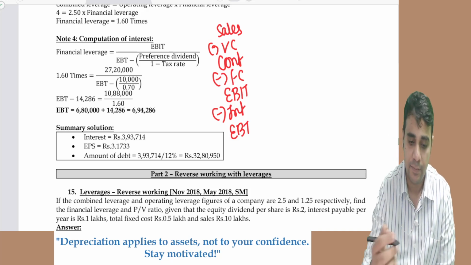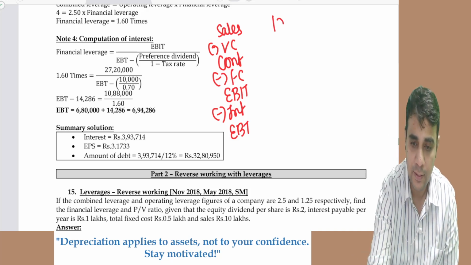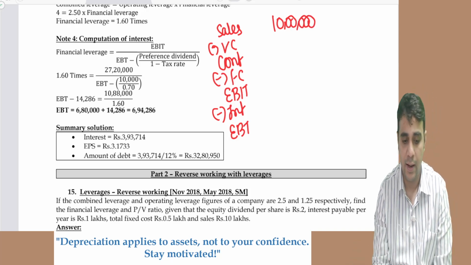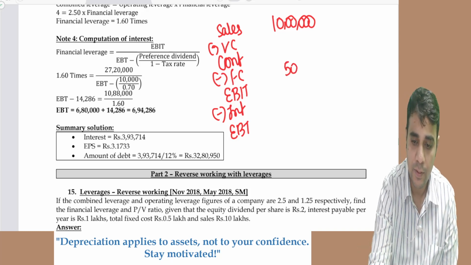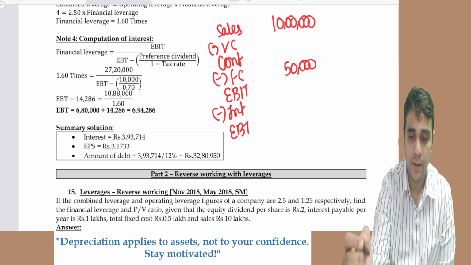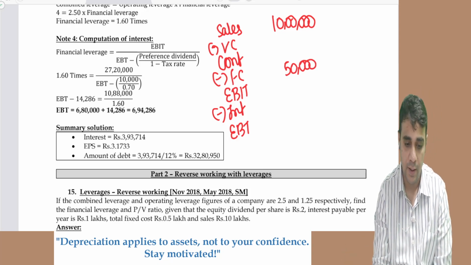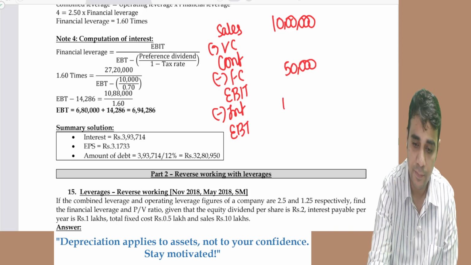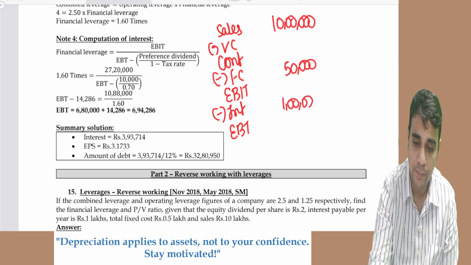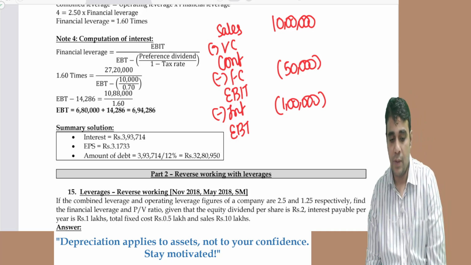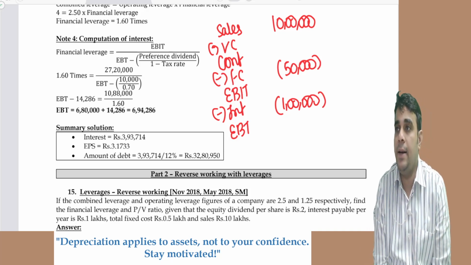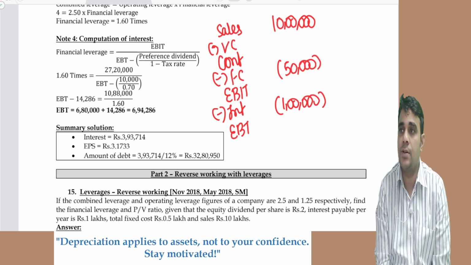What is the sales number? 10 lakh. Then I have fixed cost as 50,000. Then we have interest. I have the operating leverage in the question. What is the formula for operating leverage?